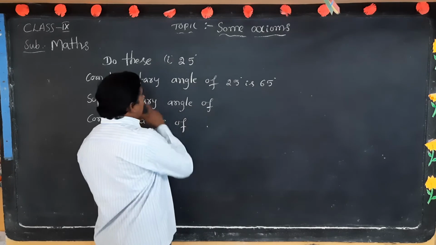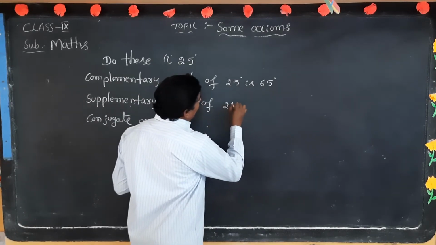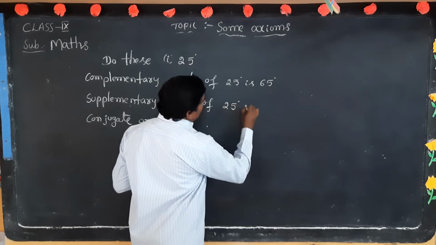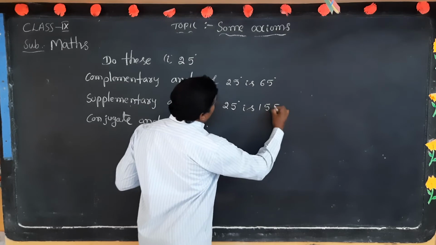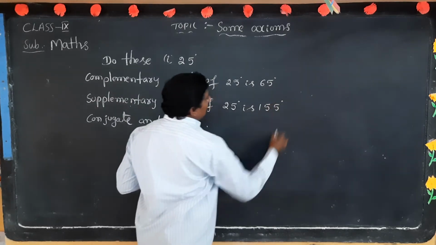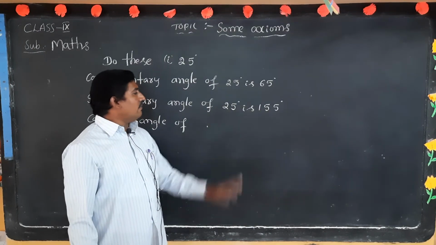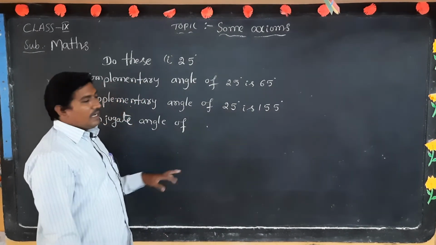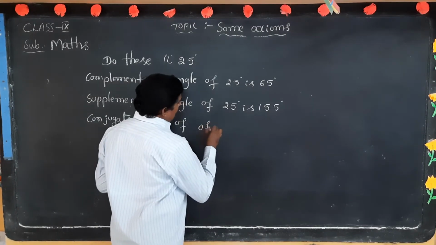Like that only, the supplementary angle of 25 degrees is 155 degrees. Why? Both adding, 155 plus 25, gives 180 degrees.